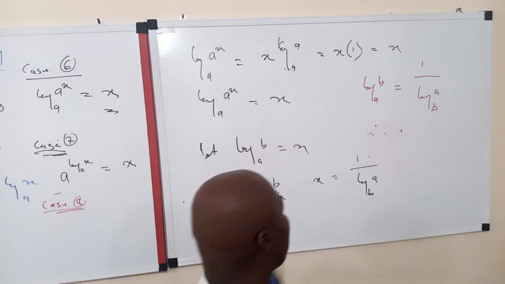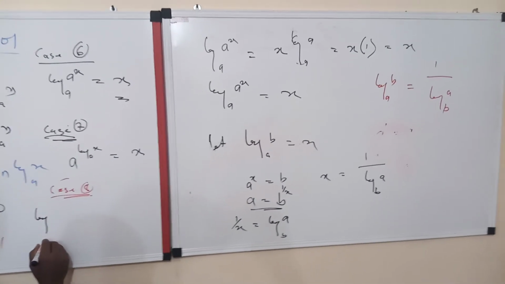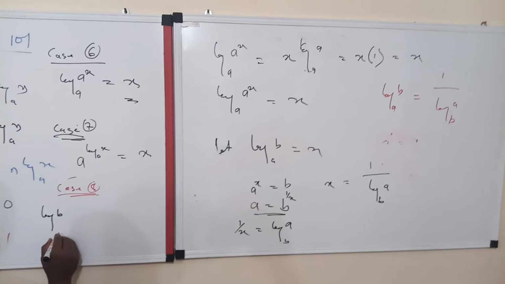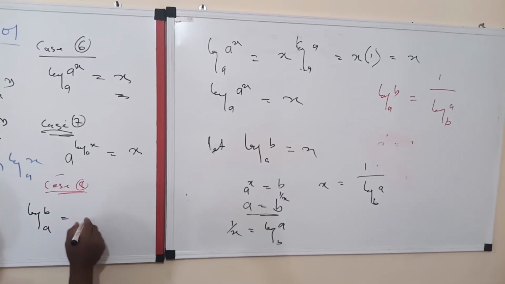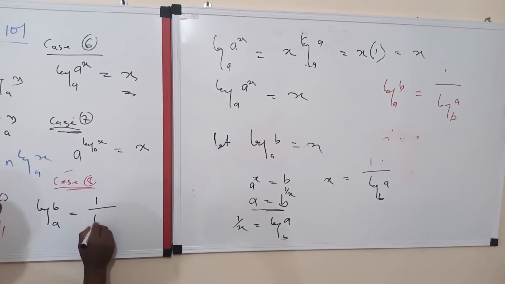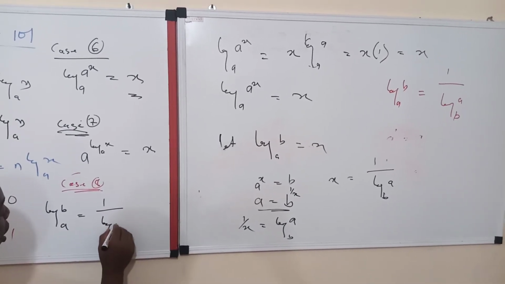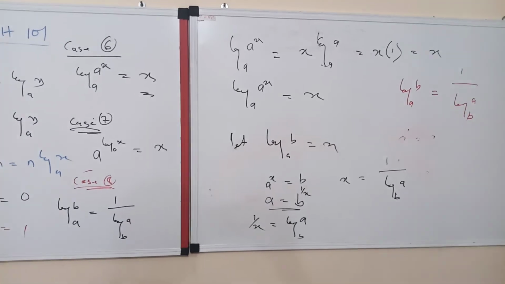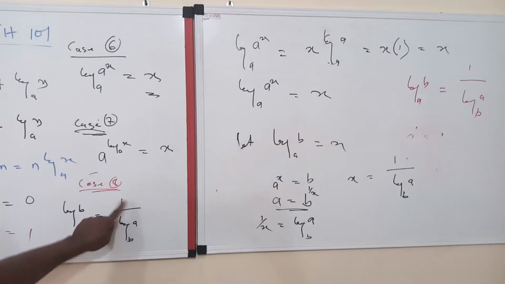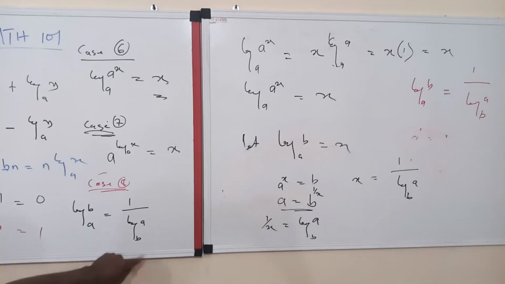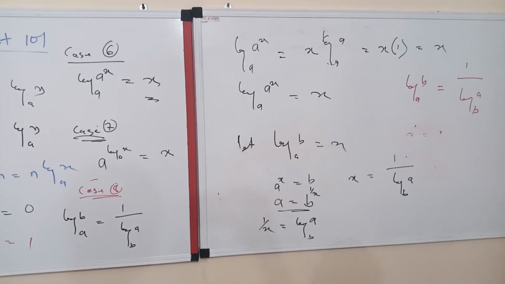So our case 8, we are saying that if we have the log of a number, say b of a, we can rewrite this as 1 all over log b of a. This is our case 8. If you have an expression of this kind, you can write it in this form, or if you have an expression of this form, you can rewrite it in that form.